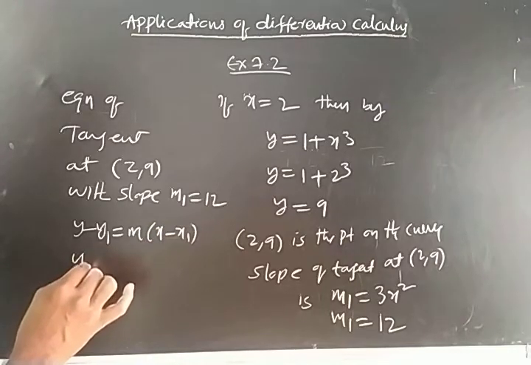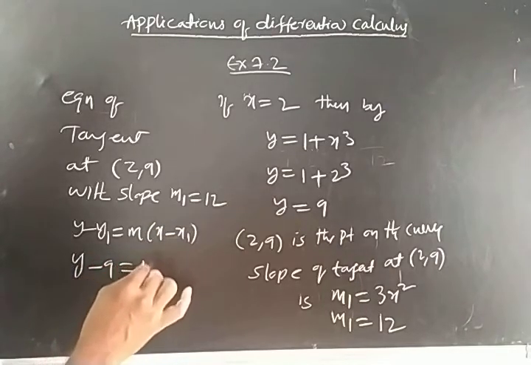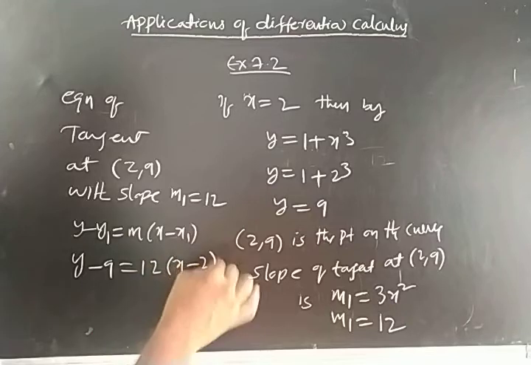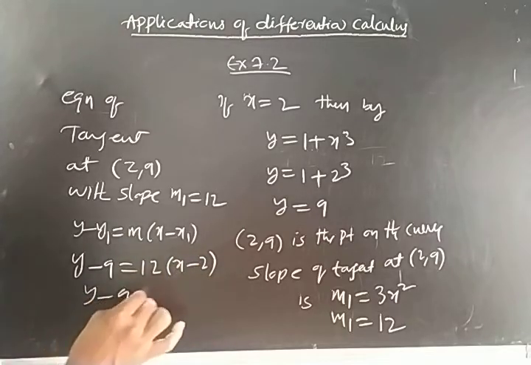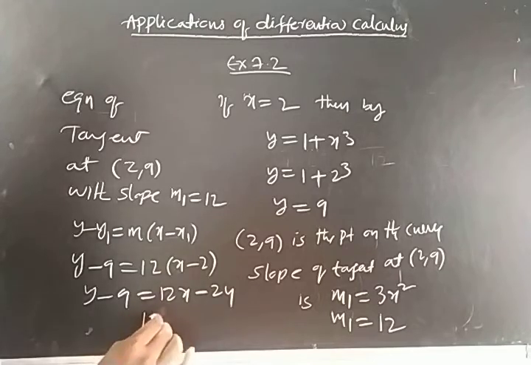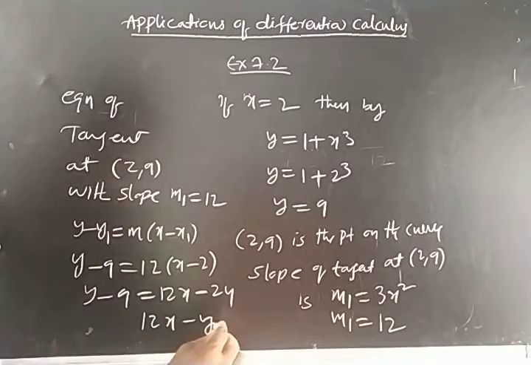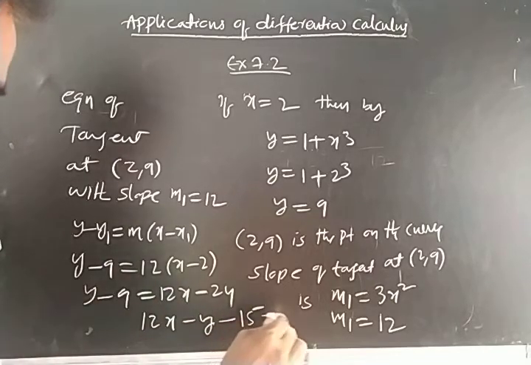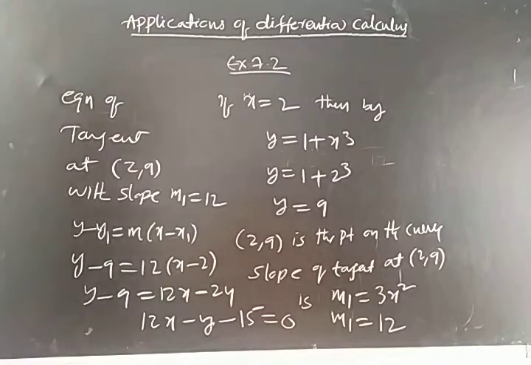Y minus 9 equals 12 into x minus 2, which is 12x minus 24. So 12x minus y minus 24 plus 9, minus 15, equal to 0 is the equation of one tangent.